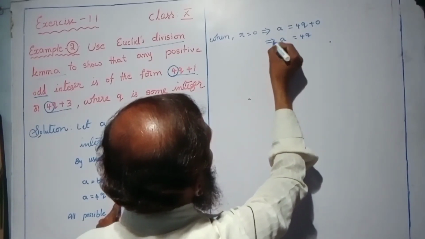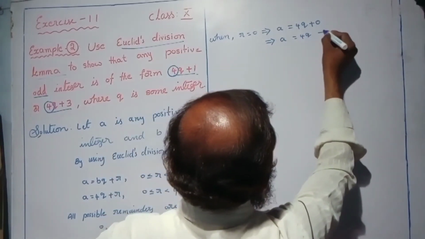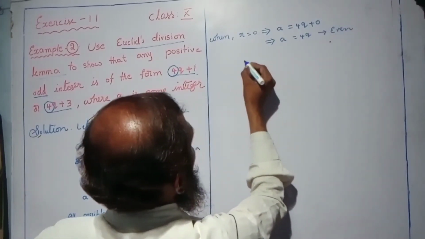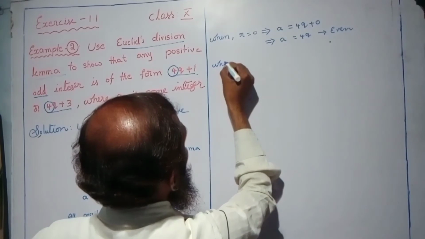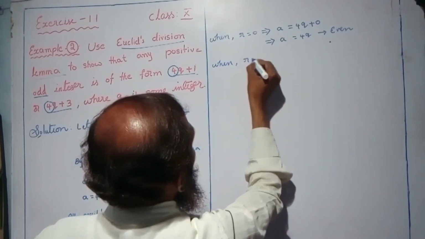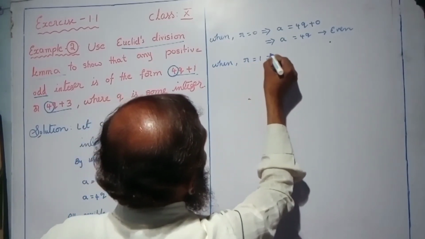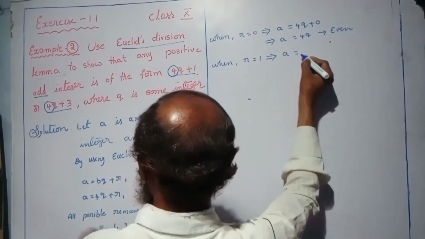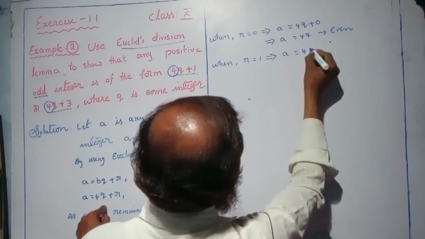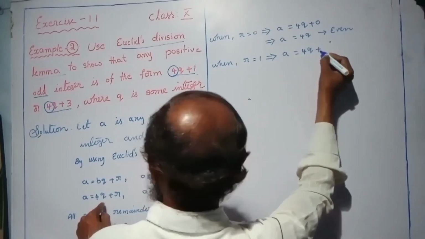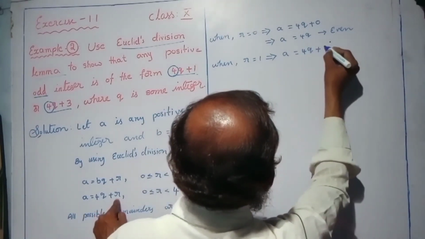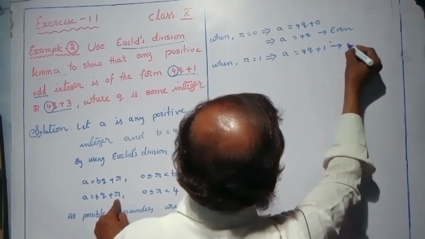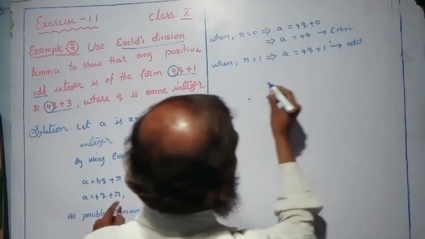What do you call this 4q? 4q is even. And then when r is equal to 1, substituting in the equation a is equal to 4q plus r, in the place of r substitute 1. What will you get? This is 4q plus 1. What do you call 4q plus 1? It is odd. I already explained.